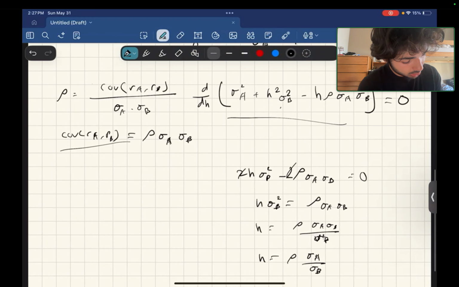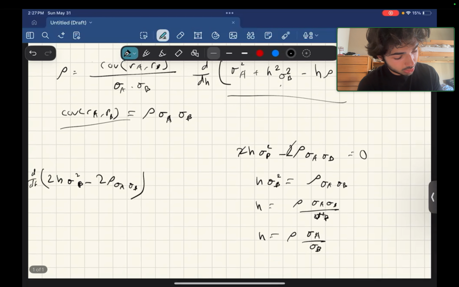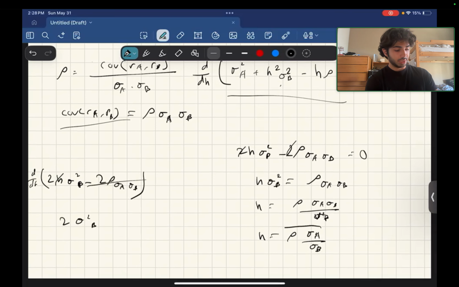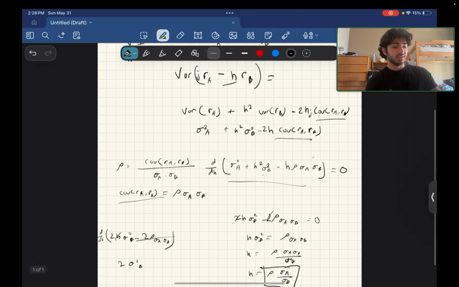We initially got 2H variance of B minus 2 rho standard deviation of A, standard deviation of B. Taking the derivative with respect to H again, the second term goes away and the H goes away, so we get 2 variance of B, and the variance is positive. Since it's positive, this is a minimum. And so this is our answer: how many shares of B we must short such that we minimize the variance of the overall position.